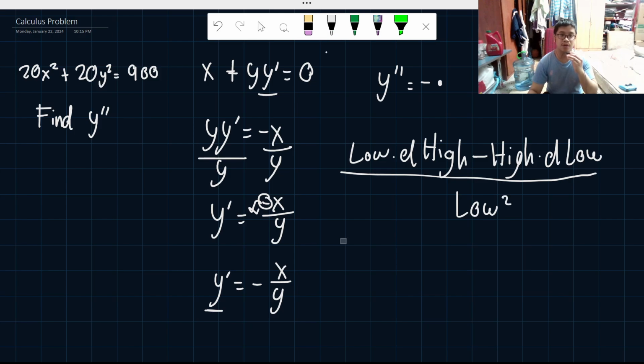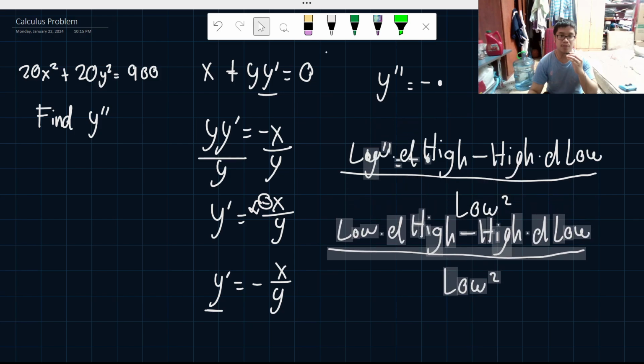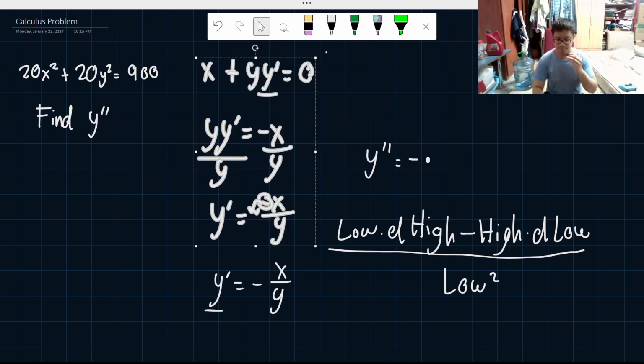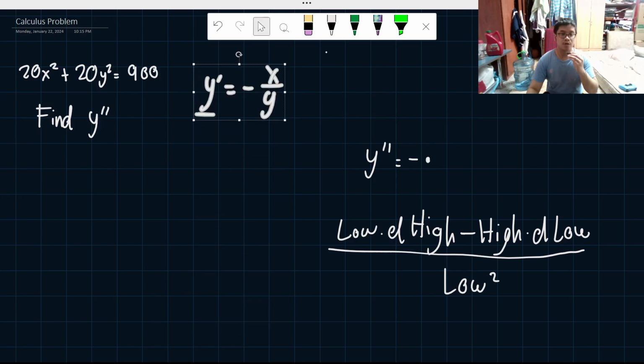Wait, let me just bring down the solution here, because my camera might block it. So yeah, going back, this is the formula: low d high, minus high d low, all over low squared. Low is basically the denominator. When you see d high, it means the derivative of the numerator. What is above, you're going to differentiate it. And similarly, if you hear d low, that means you're going to differentiate the denominator, or the one at the bottom. Okay? So let me just erase this one, and we're going to go back here.